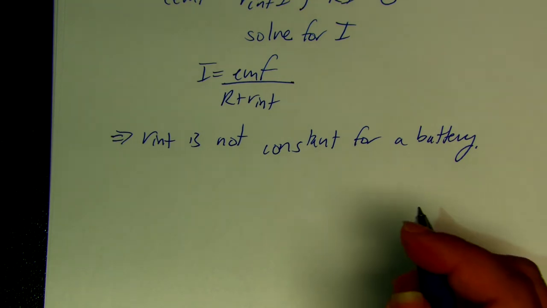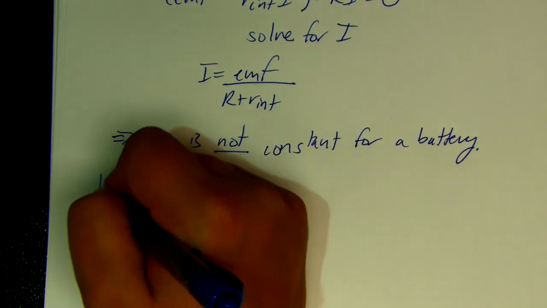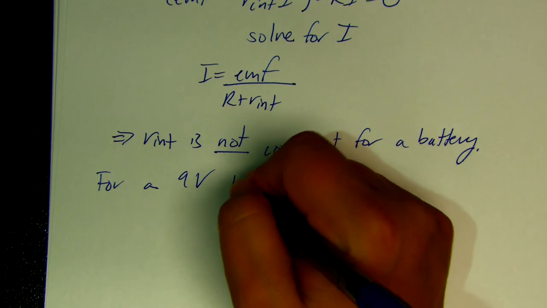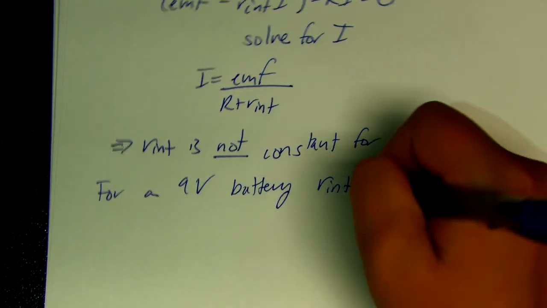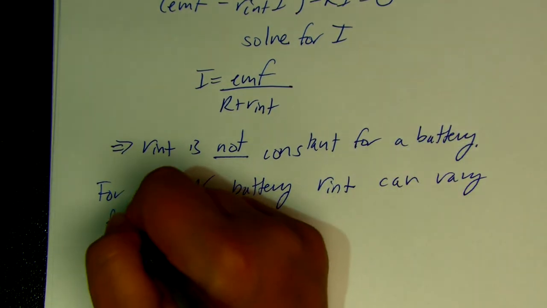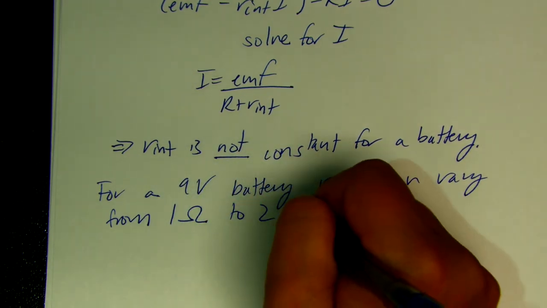Let's take a look at that. For a 9-volt battery, R internal can vary from 1 ohm to 2 ohms.